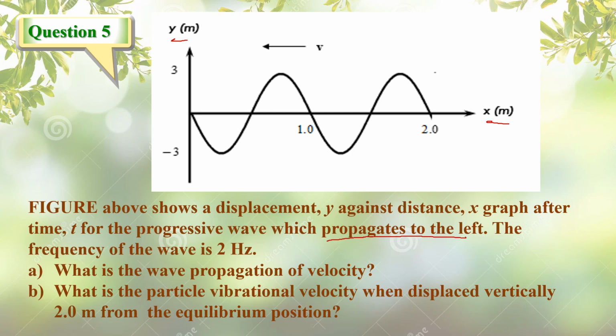Please highlight to the left. The frequency of the wave is 2 Hz. Question A, what is the wave propagation velocity? Question B, what is the particle vibrational velocity when displaced vertically 2.0 meter from the equilibrium position?